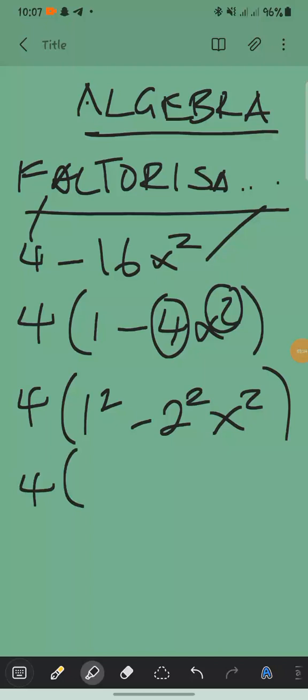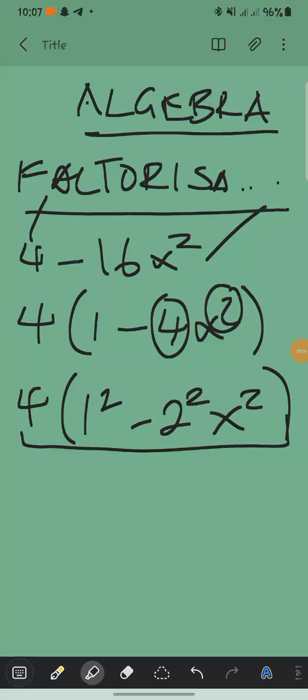Before I do this, let me just make a very important notice. When we reach here, we now do what we call difference of 2 squares. So the difference between these 2 squares is what we are going to use.